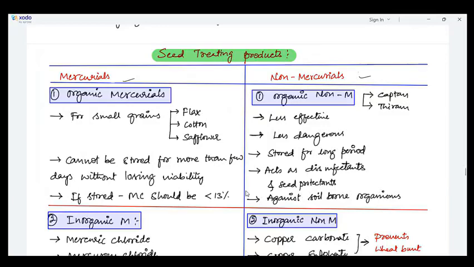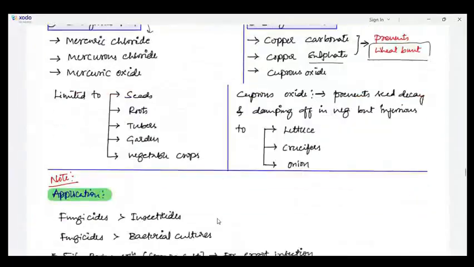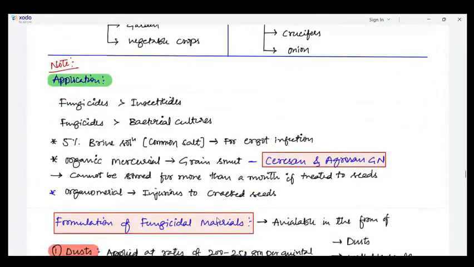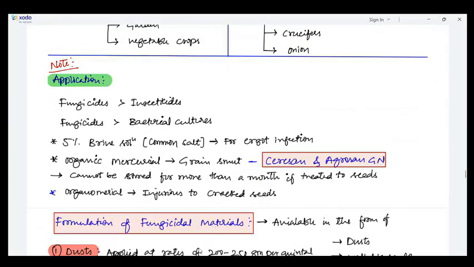The typical organic non-mercurials are captan and thiram, and for the inorganic non-mercurials we have copper carbonate and copper sulfate, which are usually used against wheat bunt. The inorganic mercurials are mercurous chloride, mercuric chloride, and mercuric oxide. So these are certain examples. Just try to remember the examples and the different types. That is more than enough.